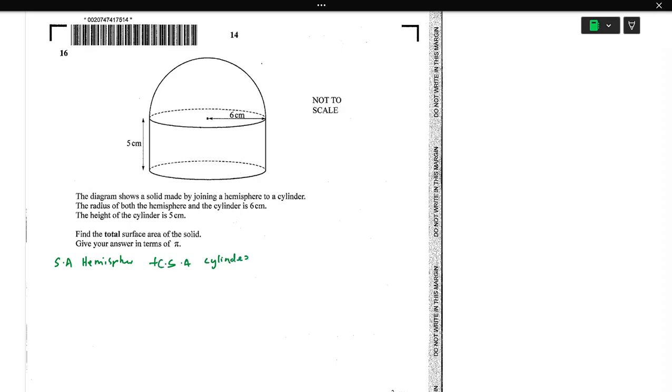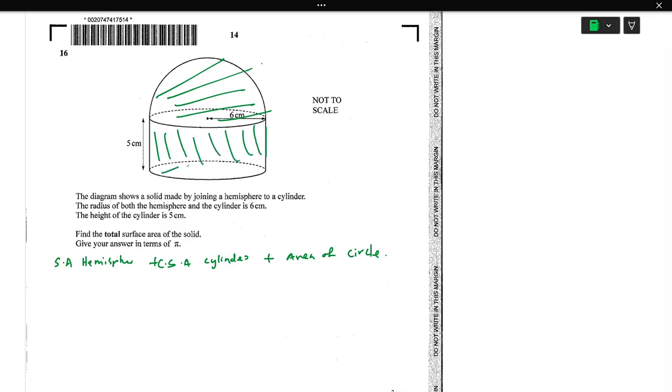This is the curved surface area, and I'm not going to find the bottom now, plus the bottom one, which is the area of a circle. So first I did this surface area. Next I took only this surface area of the cylinder. Last I took the bottom part. So all are covered. This is called the total surface area.